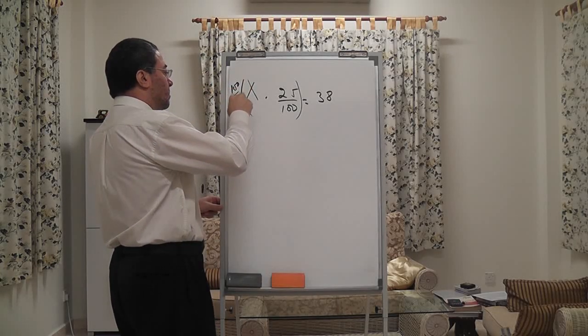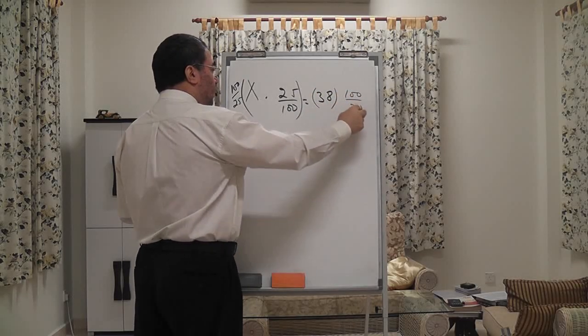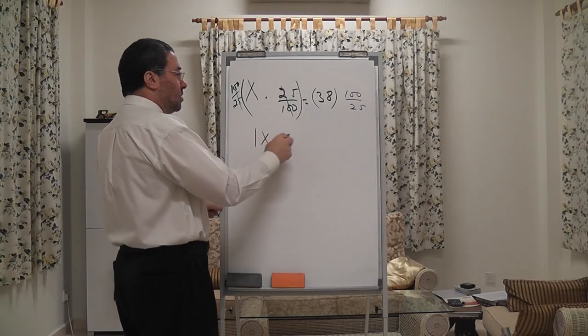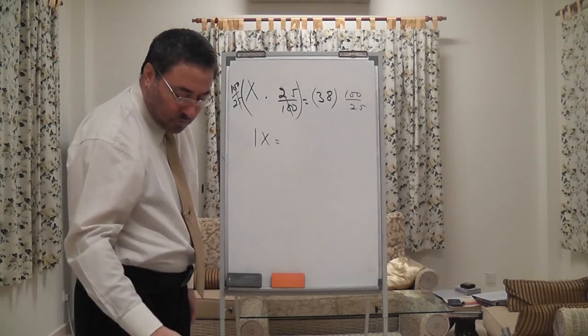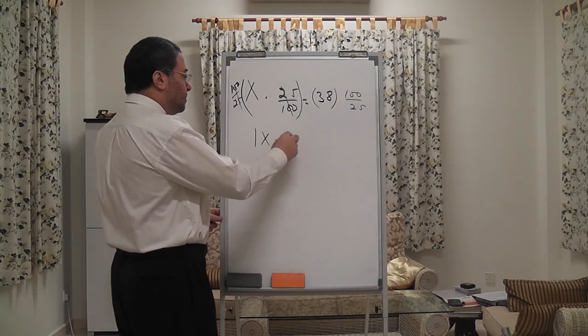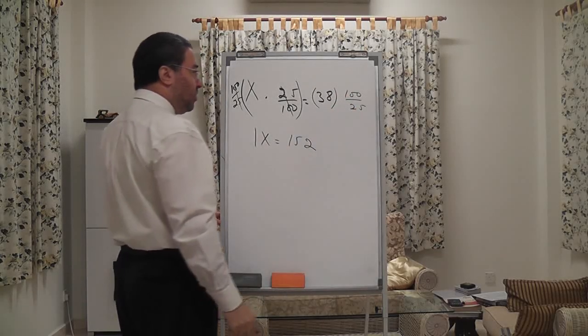And we multiply this also by 100 over 25. Here we get a 1, and that's 1x equals, and we calculate this. 38 times 4 equals 152. These two numbers divided by each other is 4.